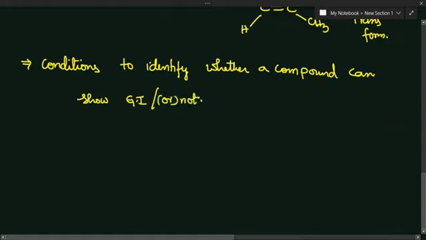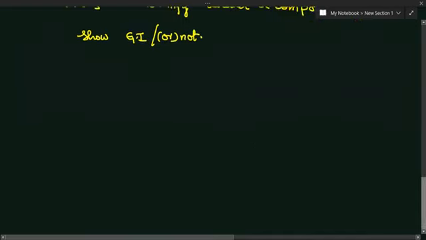What are the conditions to identify whether a compound can show geometrical isomers or not? The first condition is restricted rotation.